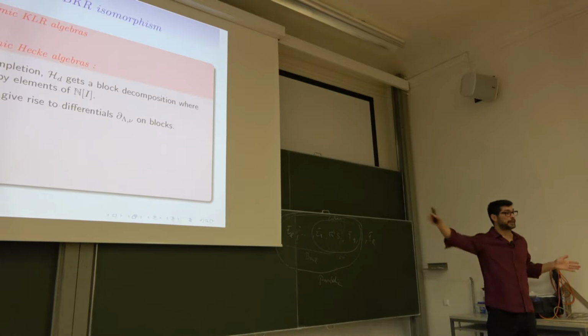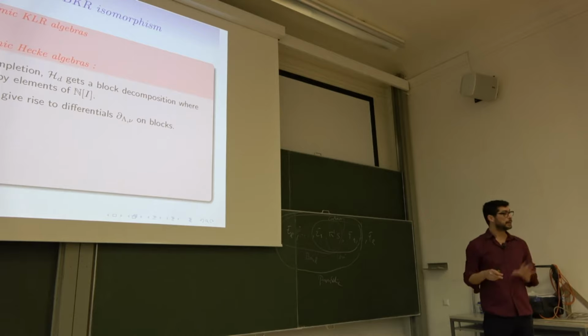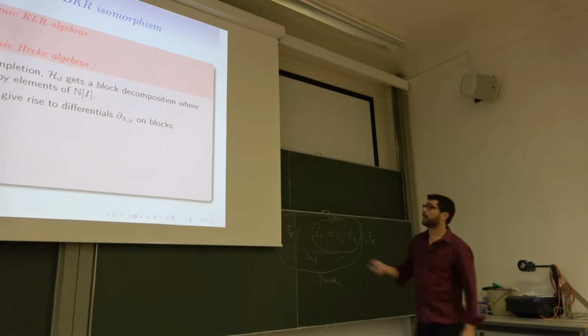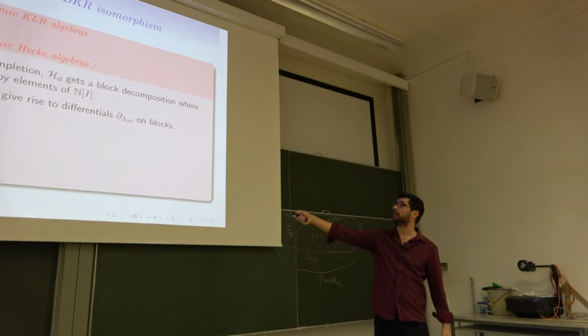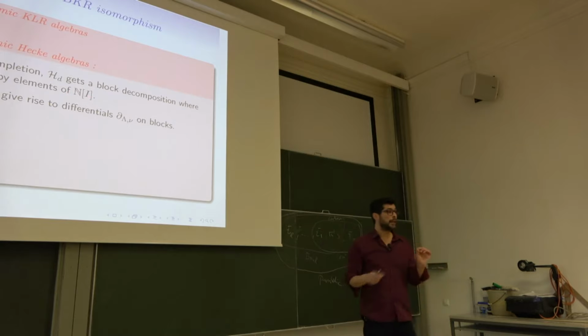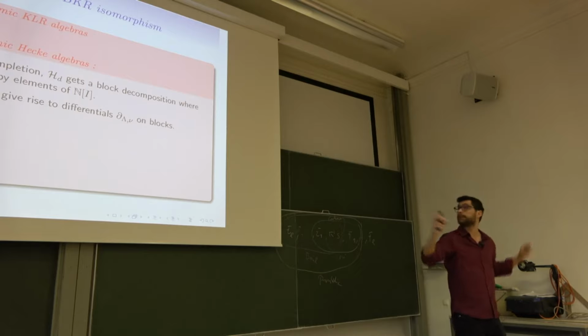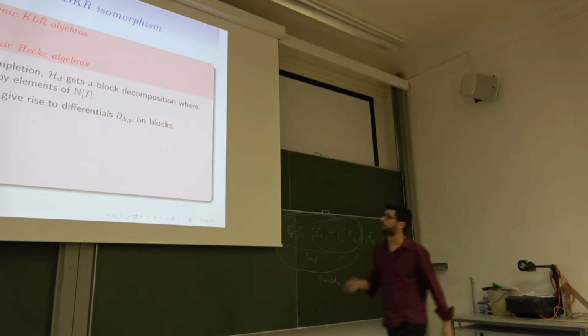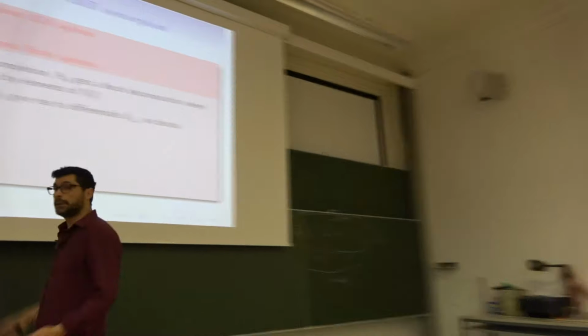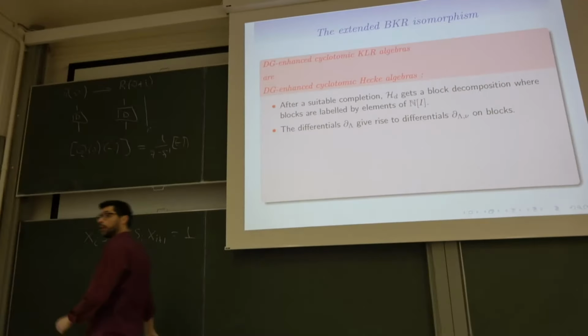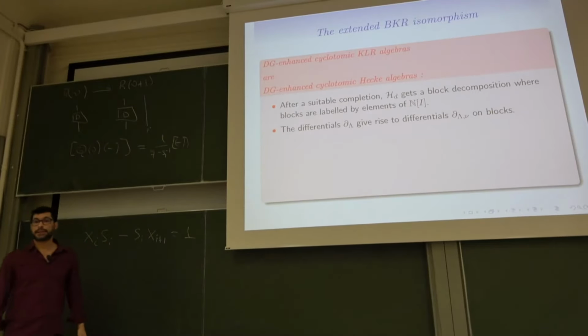You get idempotents. You can look at blocks, and the blocks are labeled by elements of N[I], where I is the quiver, the Dynkin diagram. The differentials leave two differentials on these completions.